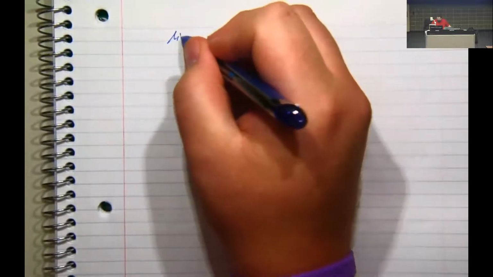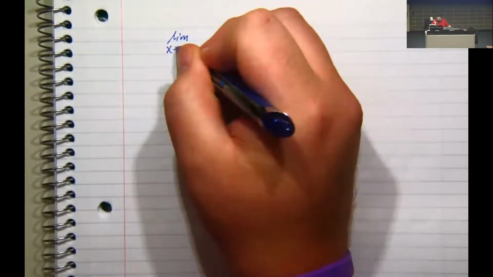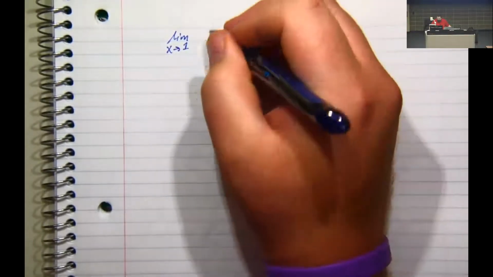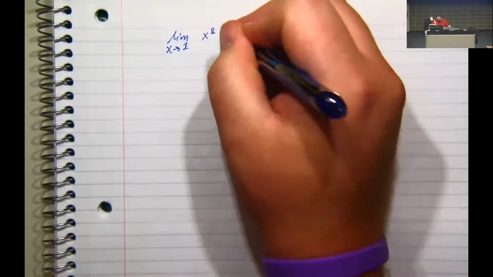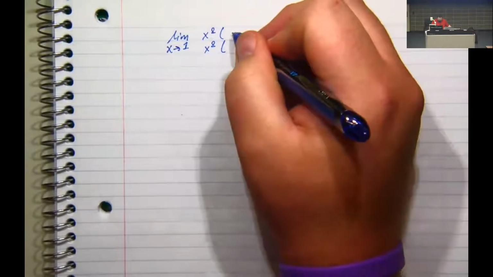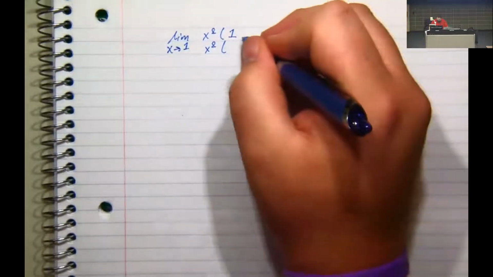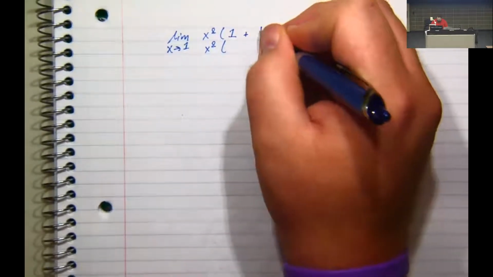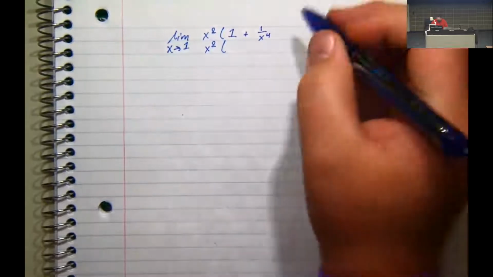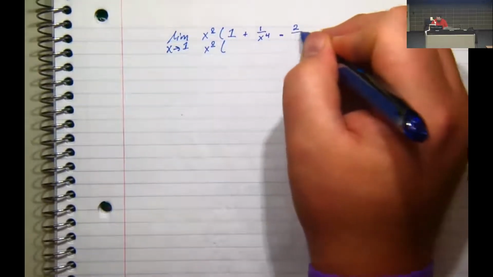So you're saying this, let me see, limit as x goes to 1 of what? So x to the power of 8, x to the power of 8, 1 plus 1 over x to the 4 minus 2 over x to the 8.